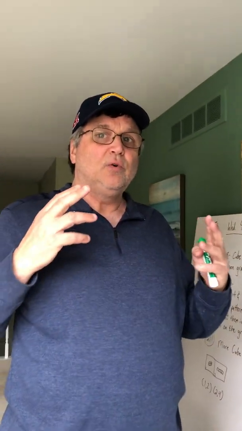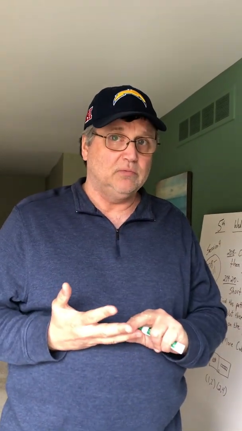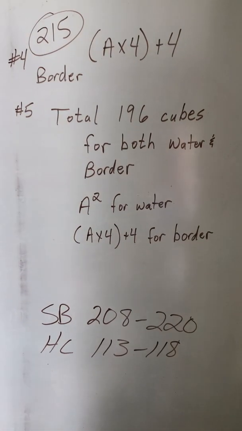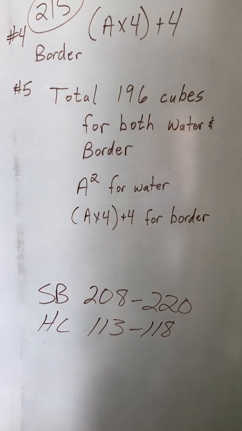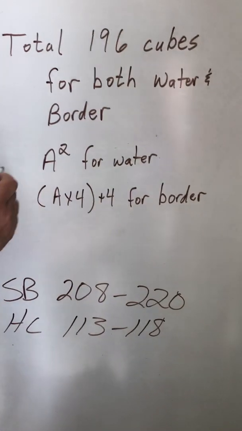So, for number 5, it says for using both 196 cubes for water and border. It's not just water, it's not just border, but the whole arrangement. How many tiles use 196 cubes, or tiles or whatever it is, okay? All I want to remind you is right here.